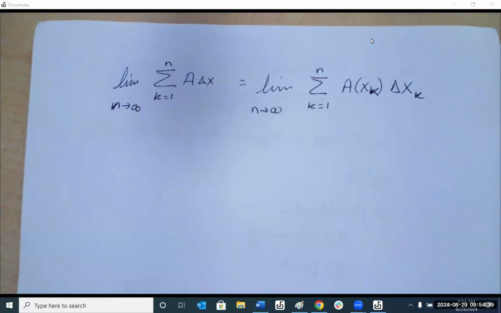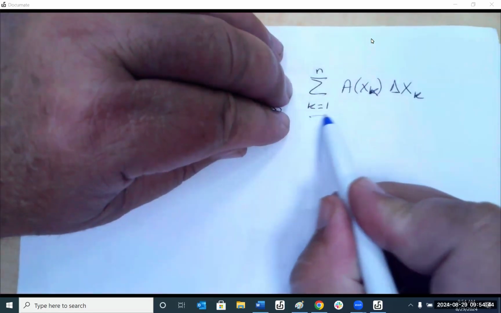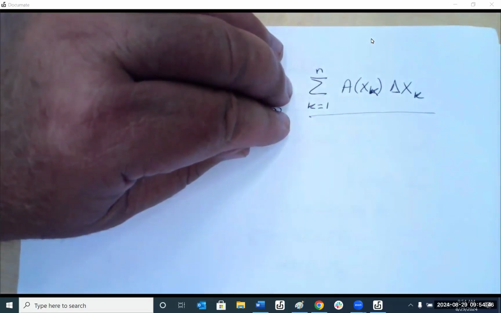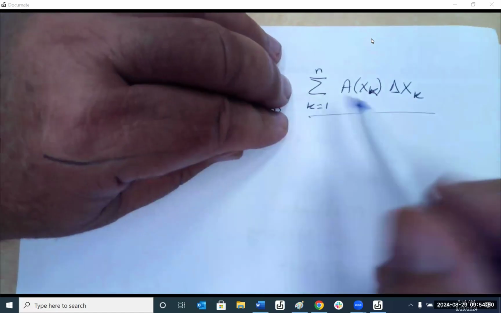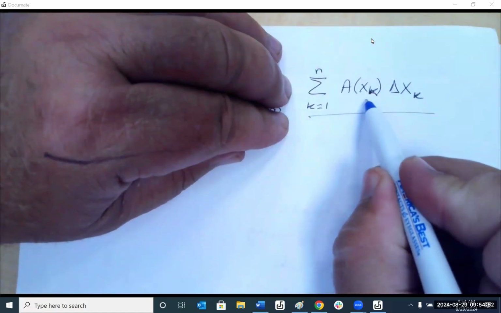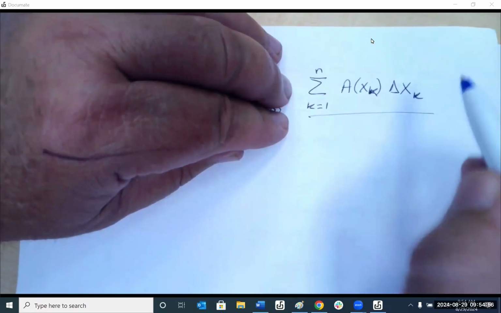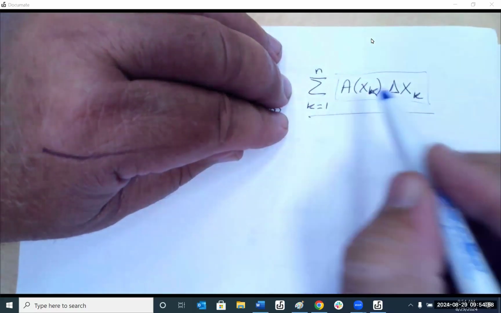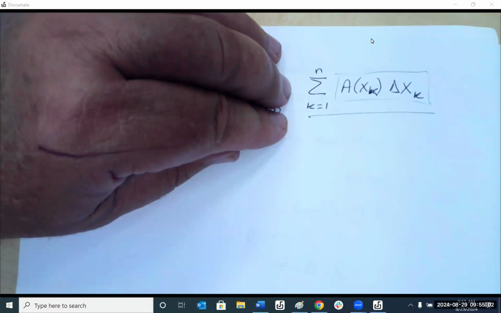What does that statement say right there? What is this part going to do? What does A represent? The area of the base times the delta x. This gives you the volume, right? So this gives you each individual volume of each individual slice.